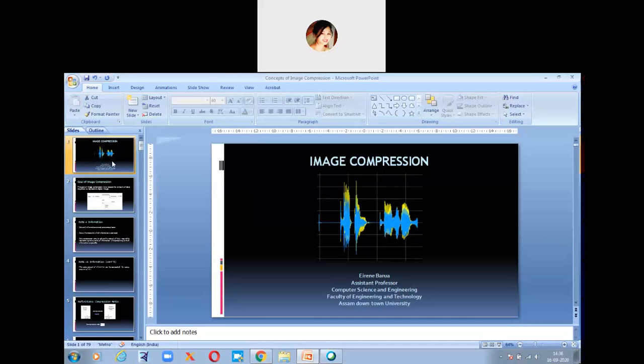Then we have another topic, image enhancement in the frequency domain, which I'll explain later. Today we'll start off with the third unit, which is on image compression.